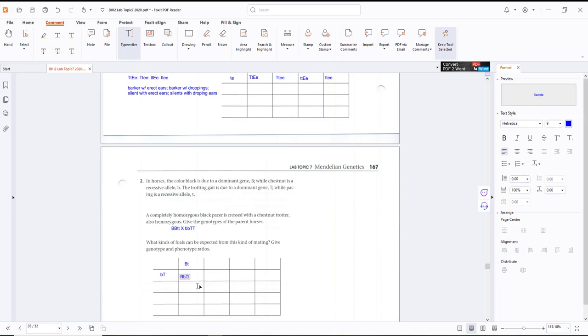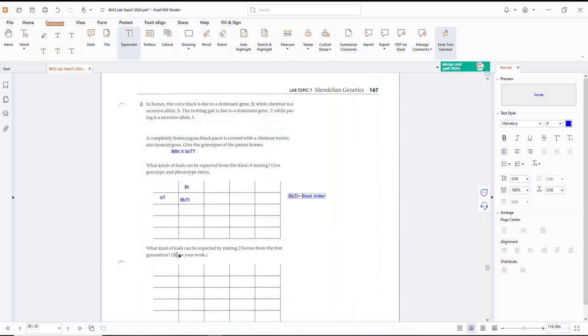That's the only possible outcome I can get. So what kind of foals can I expect? It's going to be big B, little b, big T, little t, which equals black trotter.